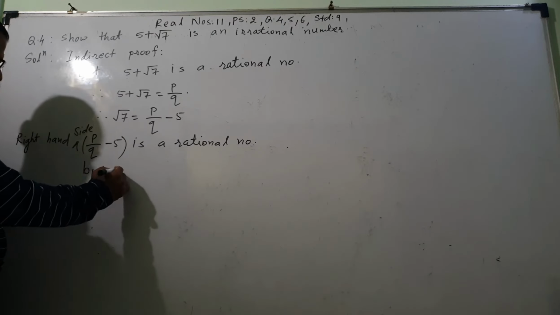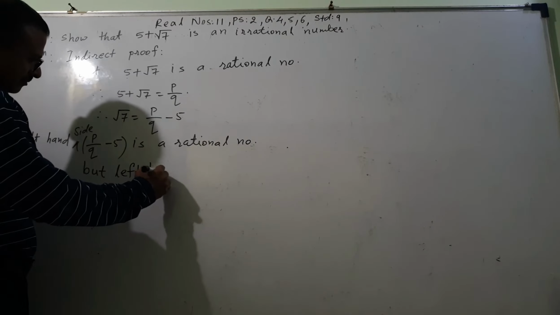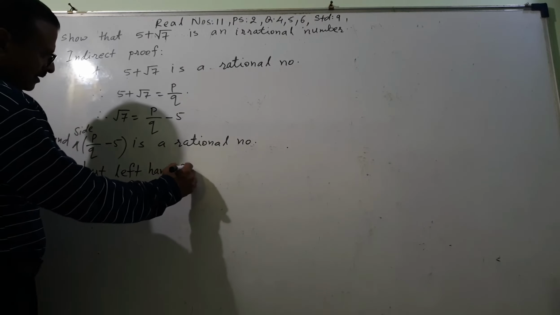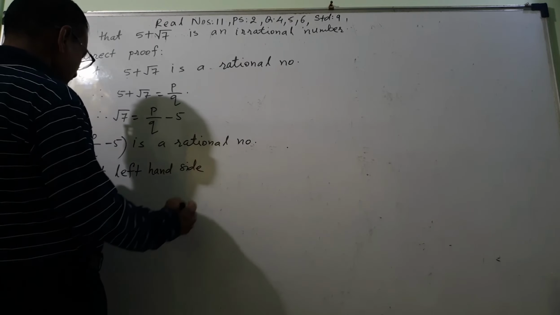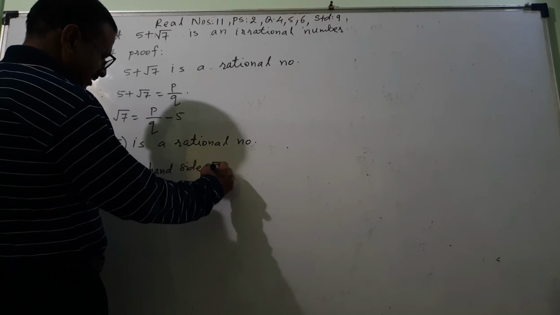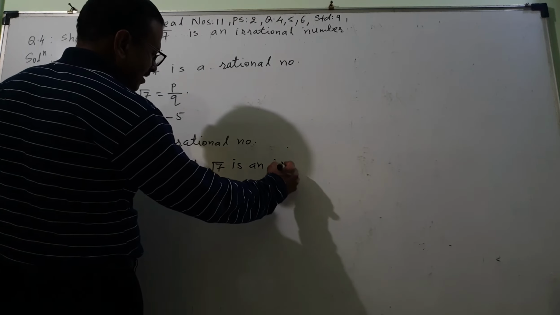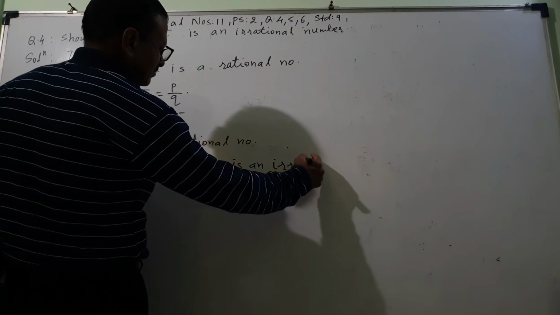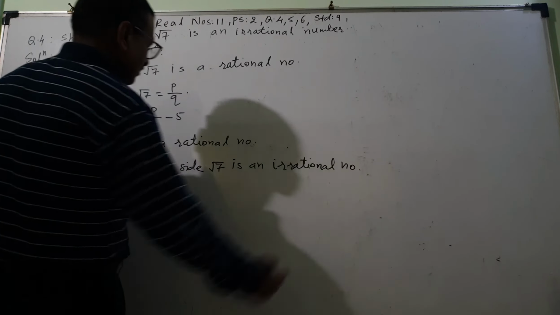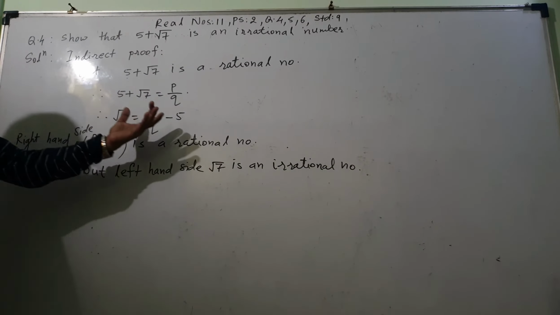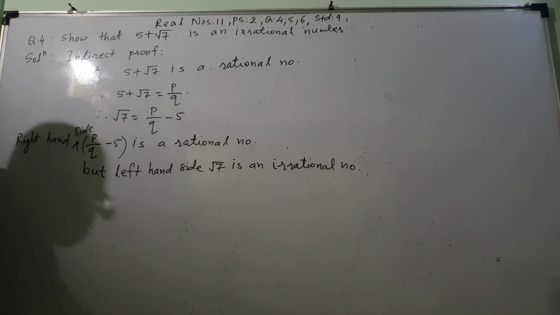But the left hand side, which is root 7, is an irrational number. Means a rational number equal to an irrational number is not at all possible.